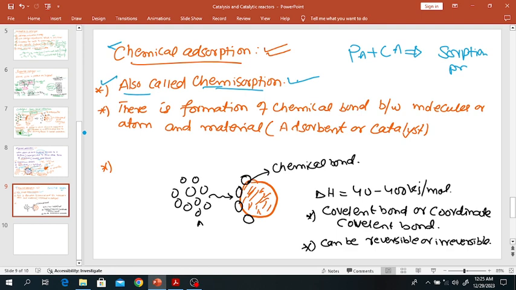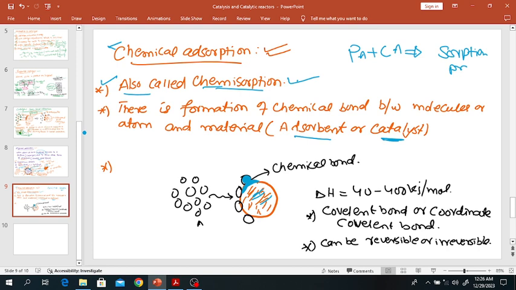In the chemical adsorption process, there will be a chemical bond between the adsorbate and the adsorbent. The adsorbent is either a catalyst or a solid surface. So this is a solid surface or catalyst, and these are the ions or molecules. A chemical bond will form between the solid surface and the adsorbate.